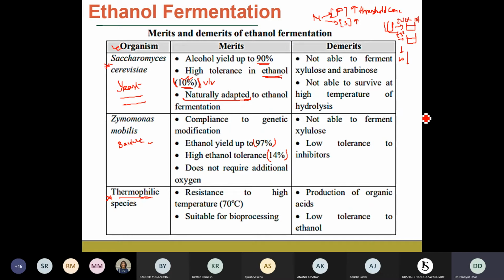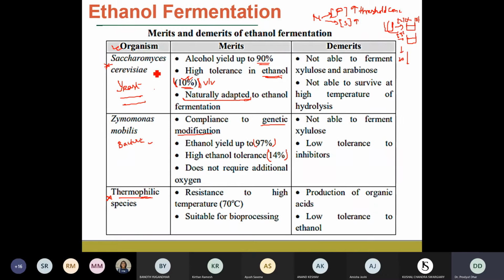Now if you compare with Zymomonas mobilis or any sort of bacteria, not all bacteria are known to produce ethanol. Some bacteria like E. coli need to be genetically modified with the genes responsible for the production of ethanol.